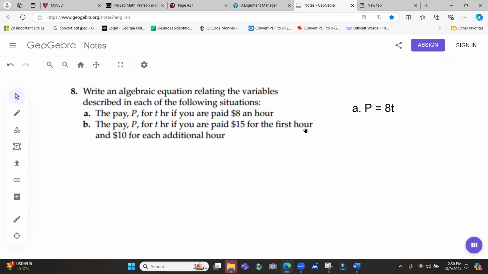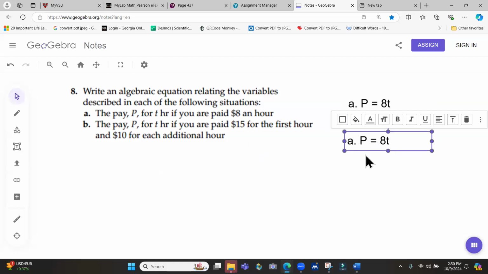P is your pay, T hours. If you're paid $15 for the first hour and $10 for each additional hour, that's fun. So no matter what, you're going to be paid if you work more than 1 hour on doing part B. You're going to be paid $15 for the first hour. Okay. Then you're working for T hours.